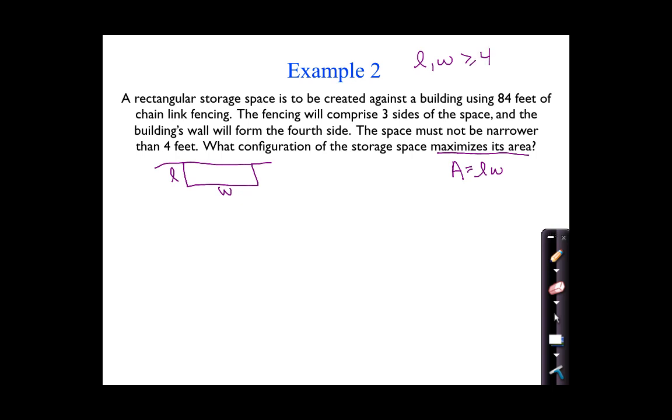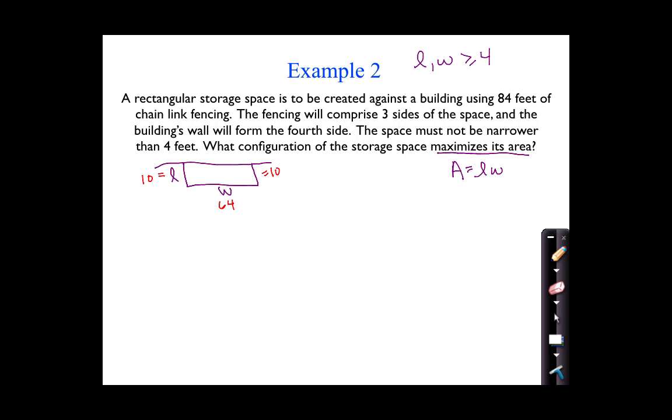And also, well, let's see. Just as an example, let's say I said, well, what if L is 10? I know the lengths of the other two sides automatically, right? This one would also be 10 if this is a rectangle. And then I'm trying to use all of my fence. So I'd have 20 feet used, I'd have 64 feet left. It doesn't have to look this way.